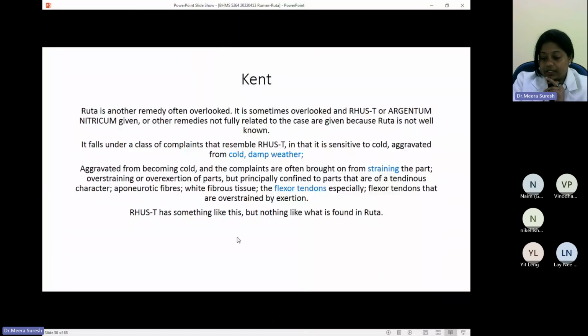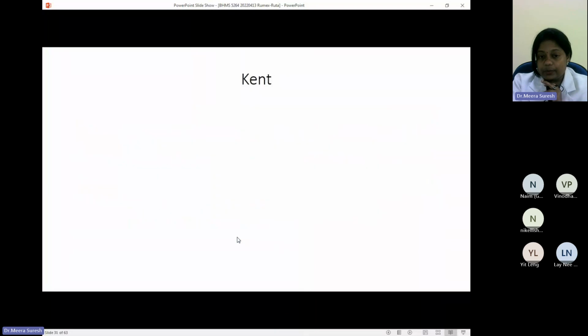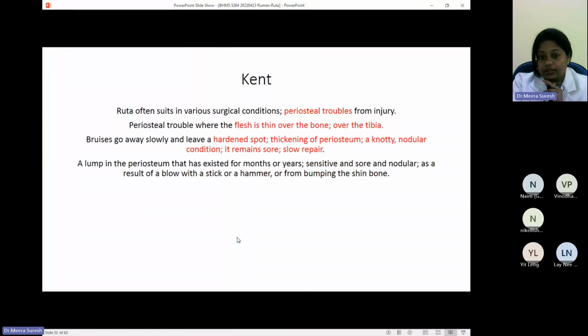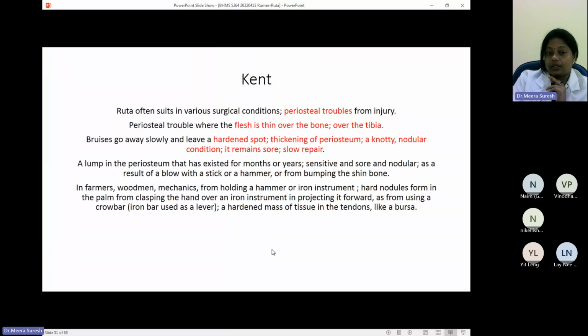But what makes Ruta special is what we told earlier itself, what we saw in Clarke, mostly the periosteal trouble. So it should be more near to the bone structures. Periosteal trouble where the flesh is thin over the bone, that is in the tibial region. Then bruises go away slowly and leave a hardened spot.